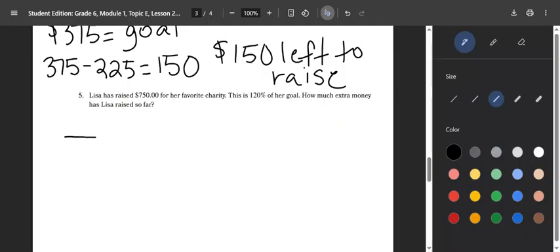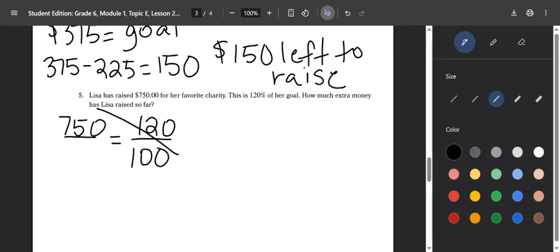So 750 is not 100%, it's the 120%. So it's going to go across from the 120 on the model. Percent goes over 100. So 750 goes with 120, and we need to figure out what the 100% is. Cross multiply and divide.